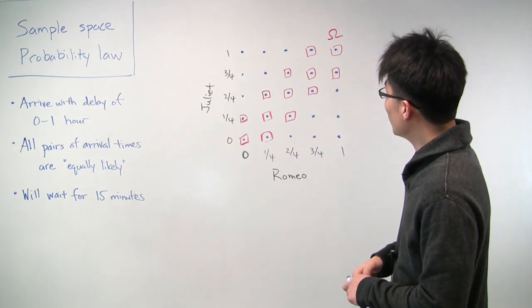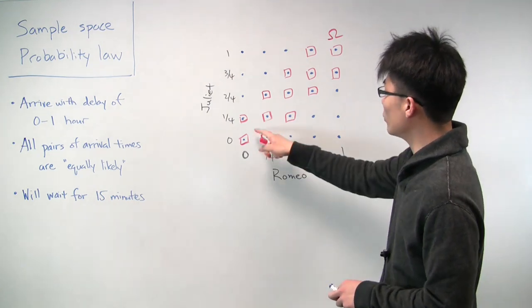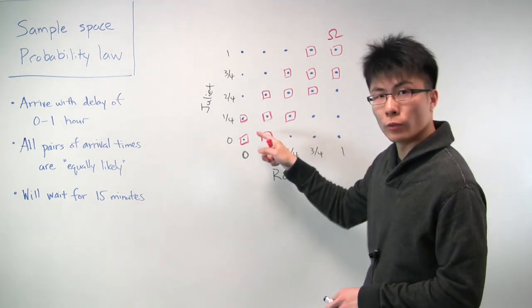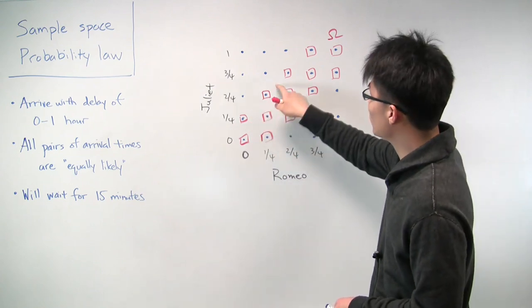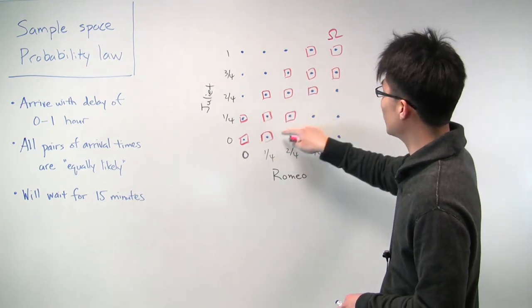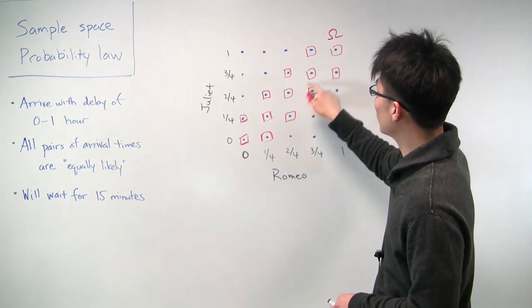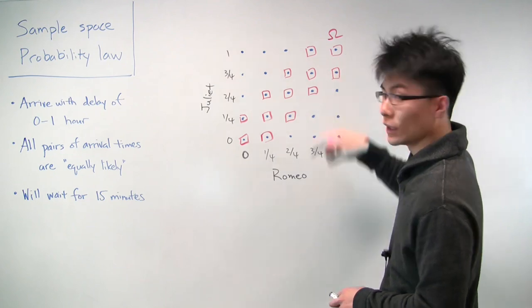All right, so because each one has a probability of 1 over 25, all we really need to do now is just count how many outcomes there are. So there's 1, 2, 3, 4, 5, 6, 7, 8, 9, 10, 11, 12, 13.